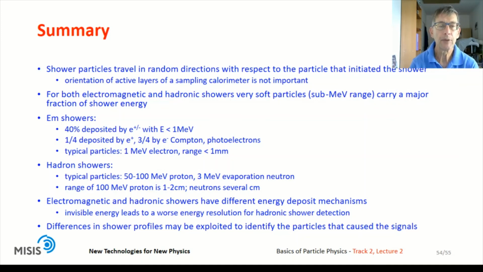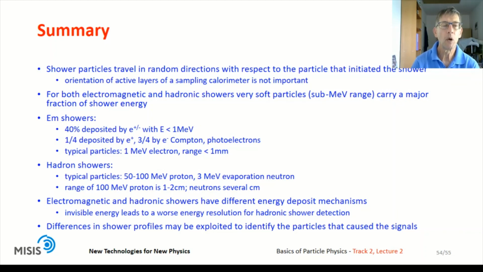Both electromagnetic and hadronic showers have the major part of the energy carried by very soft particles. Electromagnetic showers, 40% of the energy is deposited by e+ e-, with energy less than 1 MeV, 1/4 by positrons, 3/4 by electrons.